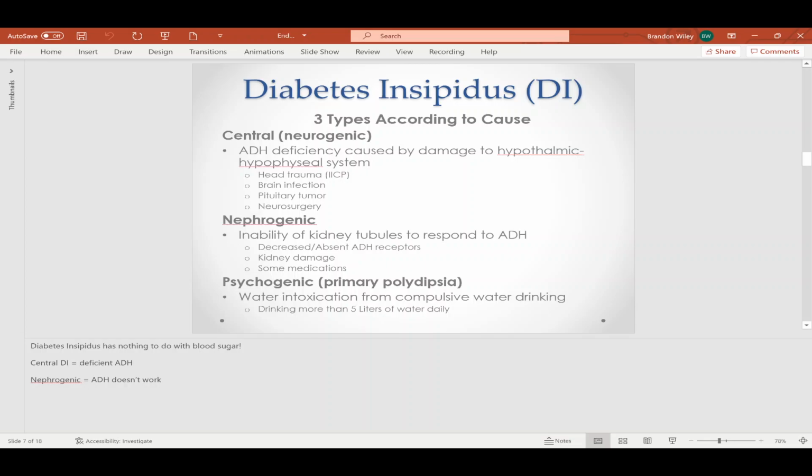So look at your lab value right there. So you're looking at your urine specific gravity, so it's concentrated with water in your urine. So, yeah. Your serum was what's concentrated. Does that make sense?